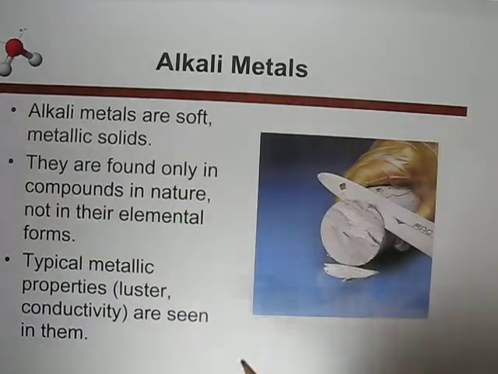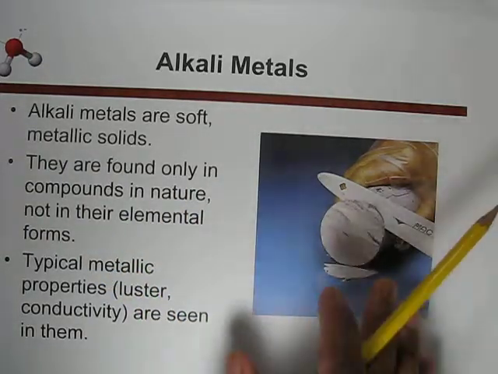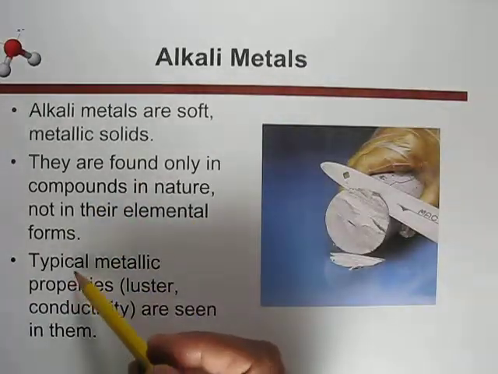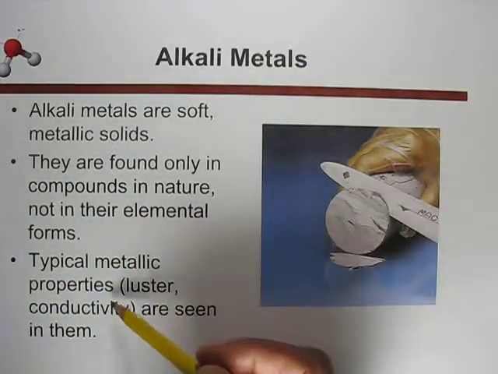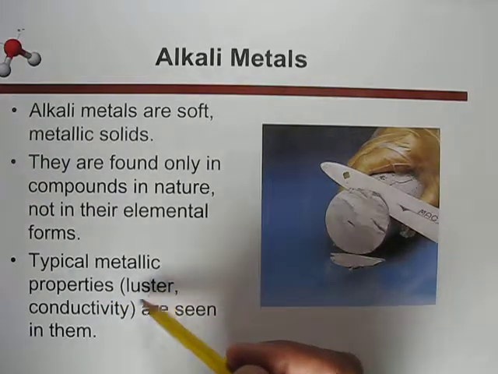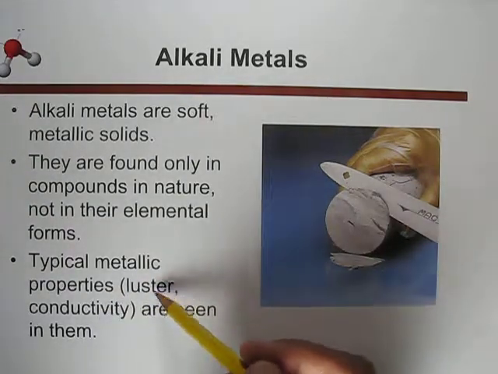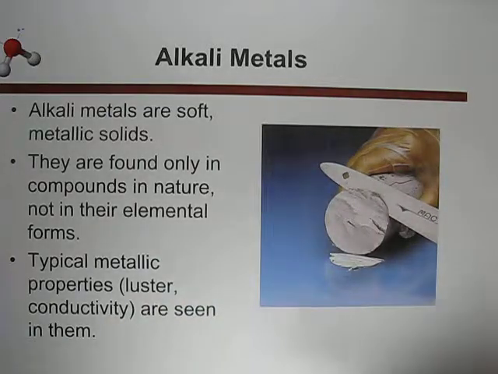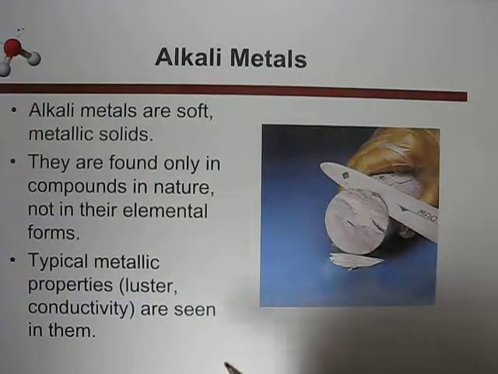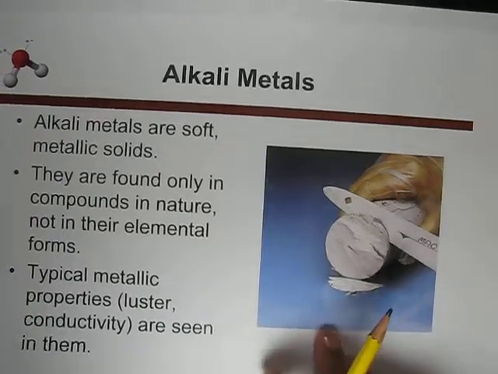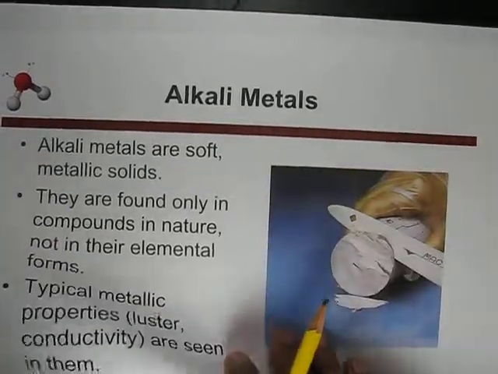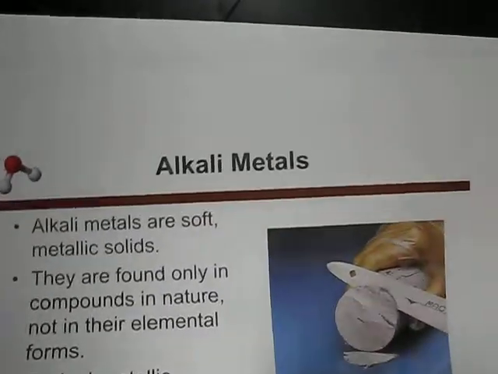So they do not exist individually; they are always found in compound form. They have typical metallic properties: very shiny luster, and they can conduct electricity. So this is the alkali metal group, group 1A, first from the left.